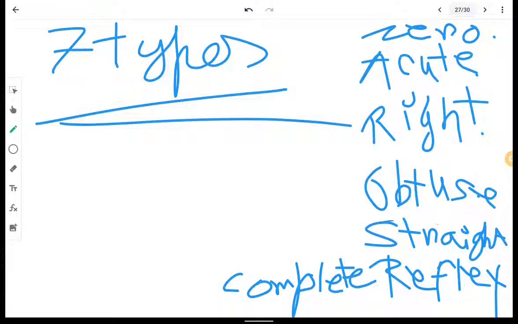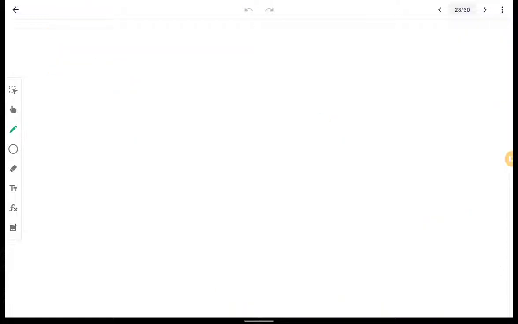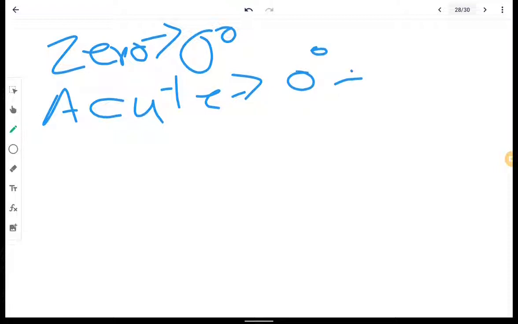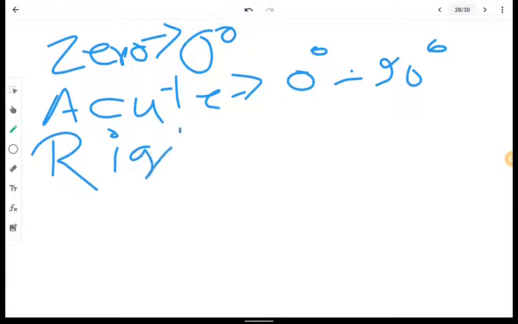So, now let us summarize their degrees also. We only summarized the names. So, moving on to the degrees. Zero angle is how much? 0 degrees. The acute one is 0 to how much? Yes, 90. Then the right one, or the L-shaped one, is obviously always 90.